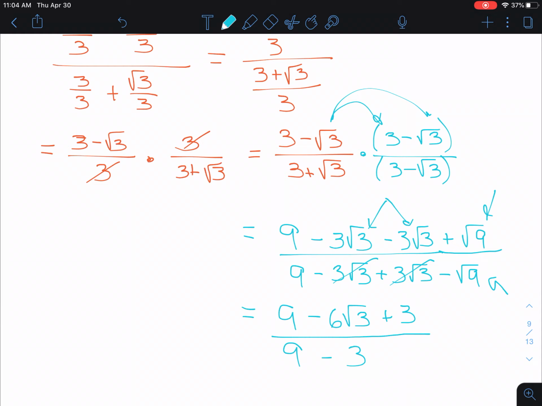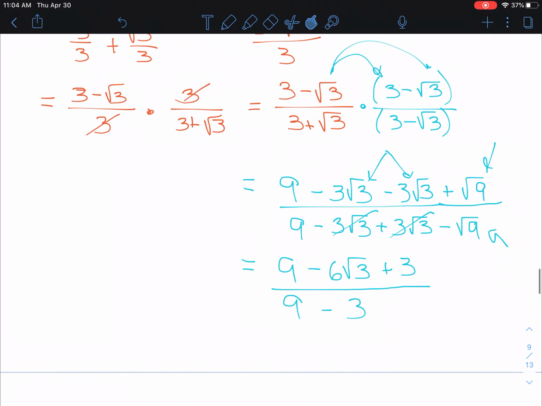Okay, so I'm going to go right over here. So now I can put these two constants together on the top. 9 plus 3 is 12, and then minus 6 root 3. Now the bottom, here I have 6. Whew. Okay, so now, problem.